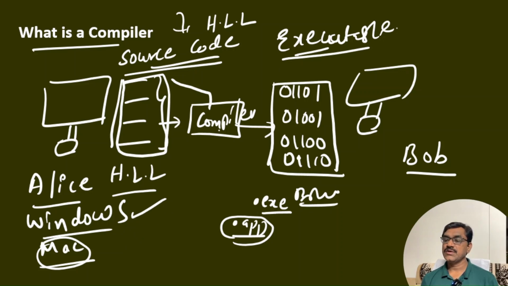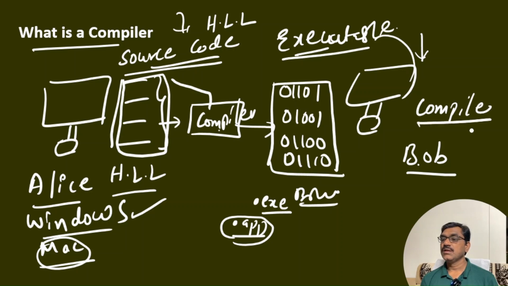Once the executable code is created at Alice, this executable code can be used by any machine. Here assume that Bob wants to use this executable code, and Bob can execute it without having a compiler. Bob's system is not going to use any compiler.